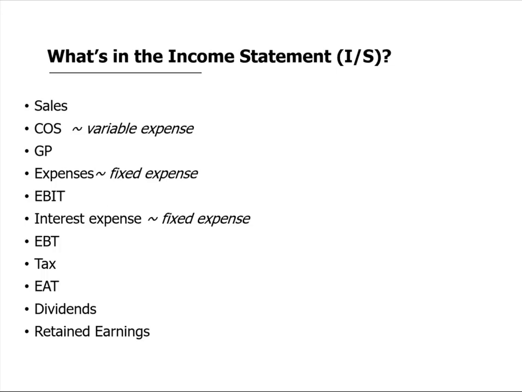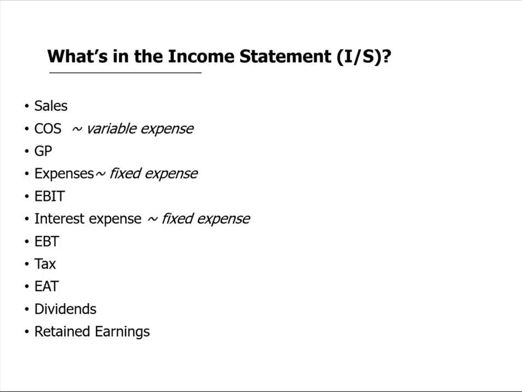I'm calling these cost of sales under this condition variable, because in principle the cost of sales increases as your sales increases. Now we're making some assumptions here. We're assuming that we are producing some product that is manufactured, that has raw materials that go into it.